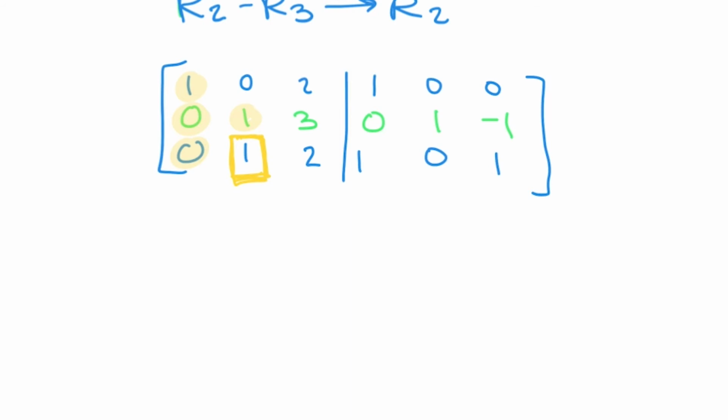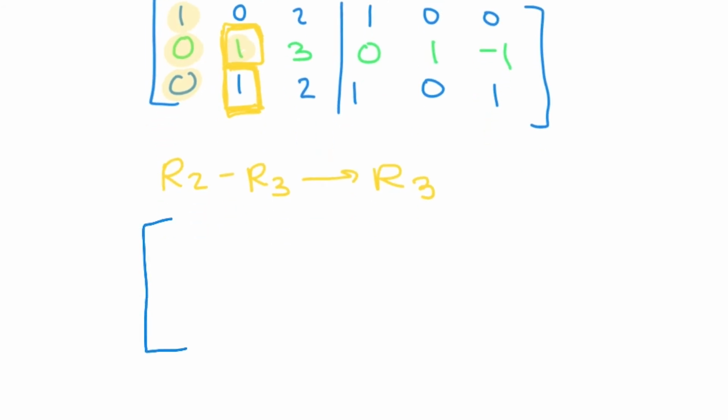So I want to do some sort of combination of rows 2 and 3 to make that a 0. But if you look at the element right above it, that's also a 1. And 1 minus 1 is 0. So that's nice for us, because if we do row 2 minus row 3 to change row 3 now, we will get that 0 that we need.